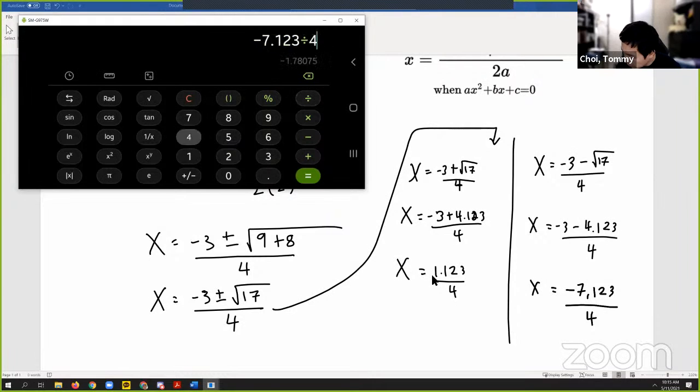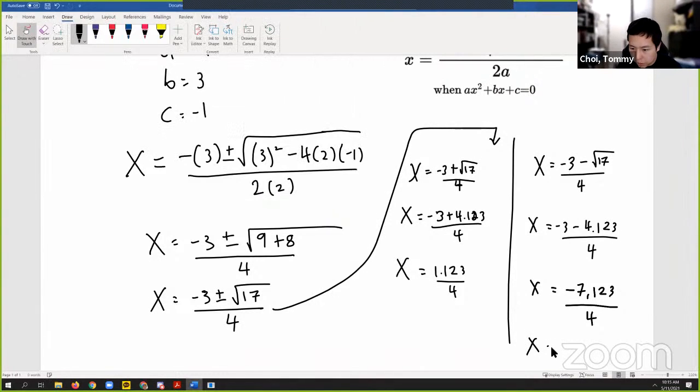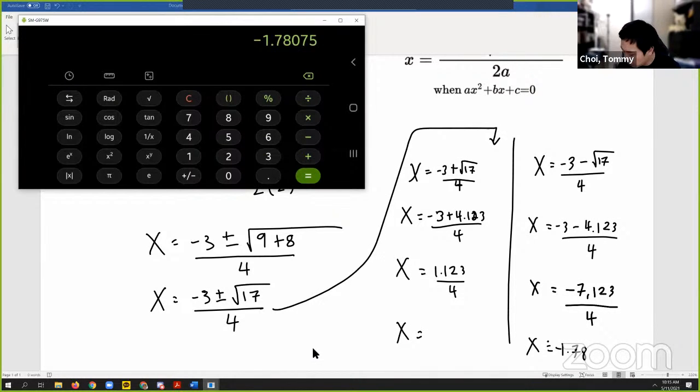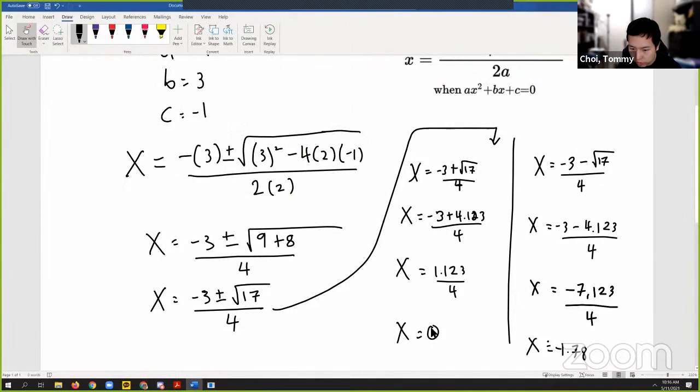We can then divide these by 4 to get our final answer. So x is approximately negative 1.78. And on the left here, 1.123 divided by 4 gives us 0.28. And these would be our answers.